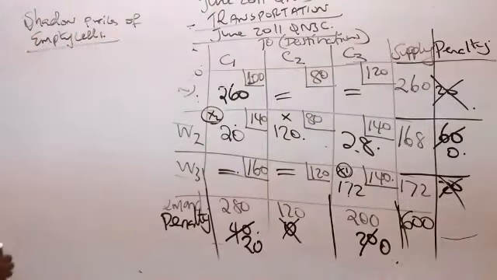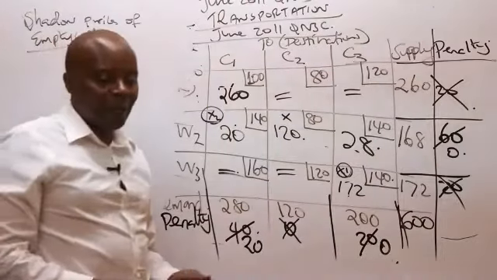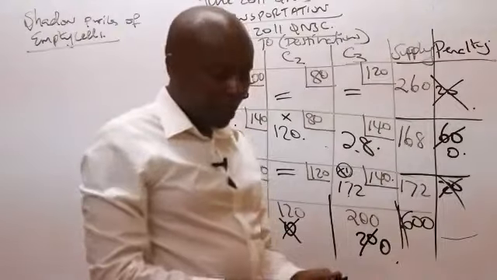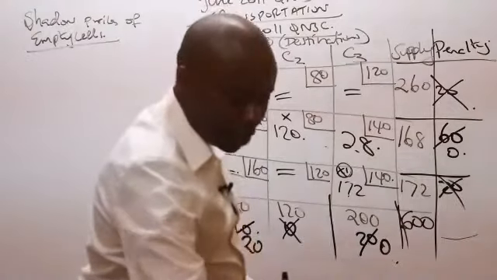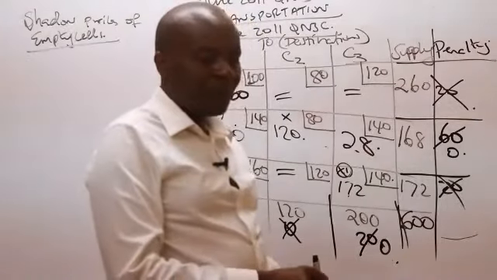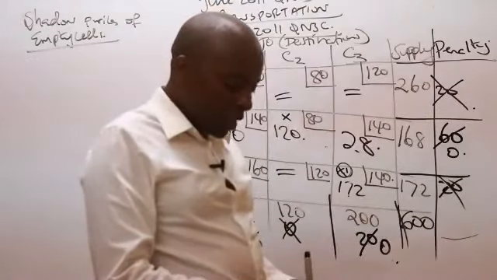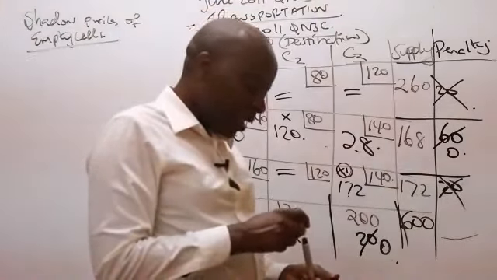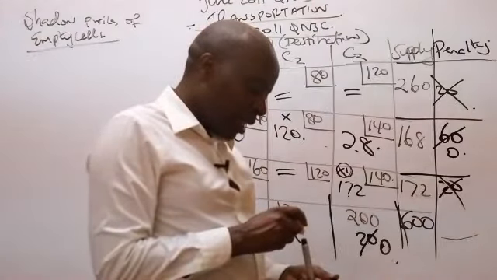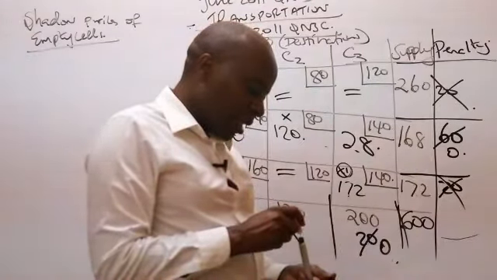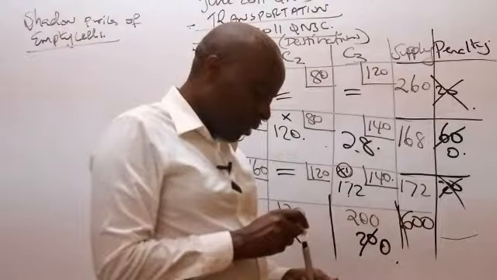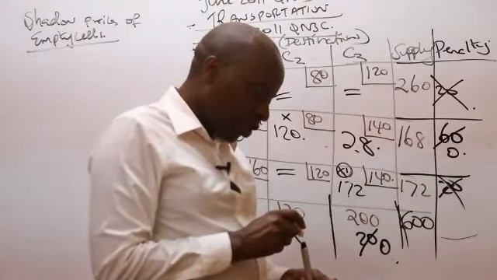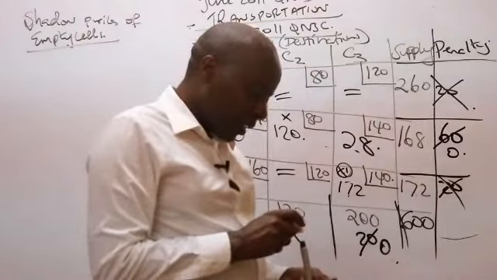Shadow prices, ladies and gentlemen, are only applicable to empty cells. They are also known as opportunity costs.